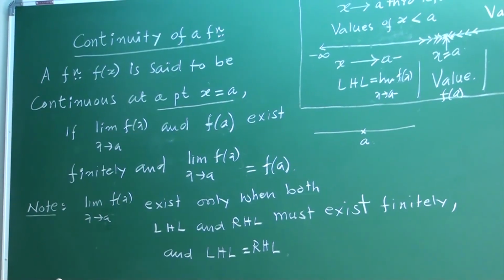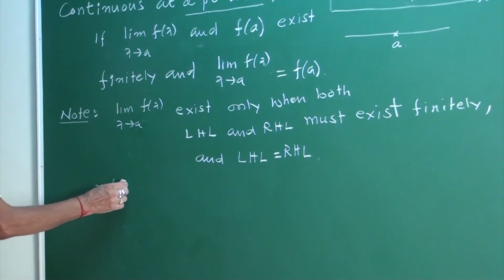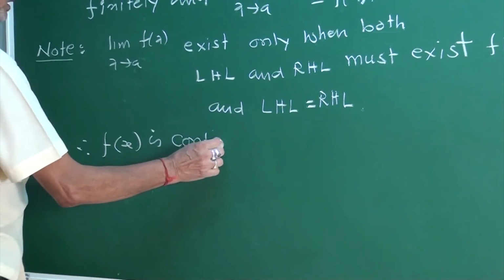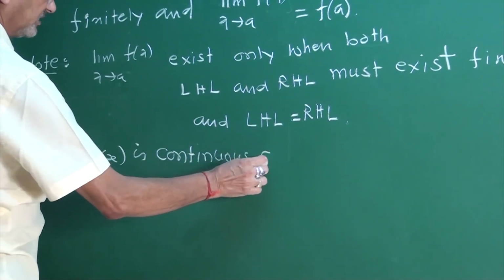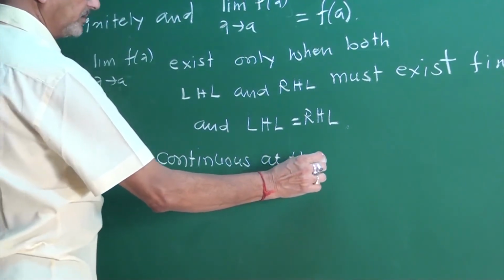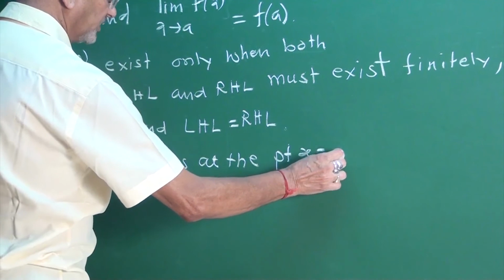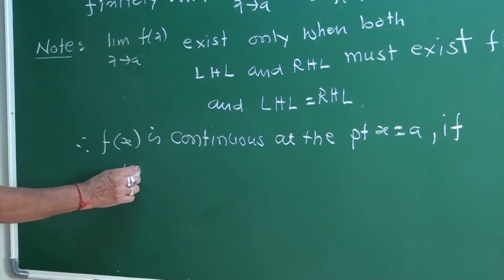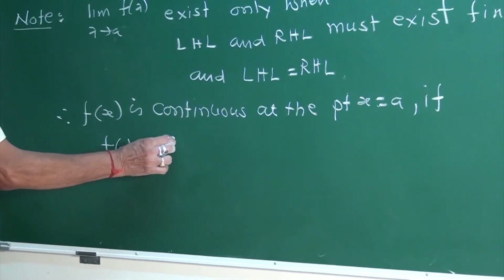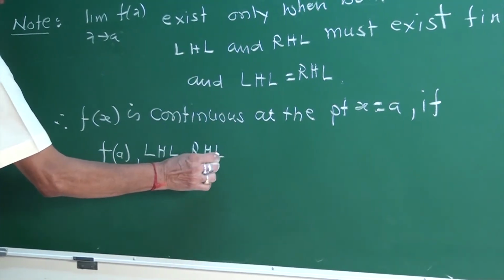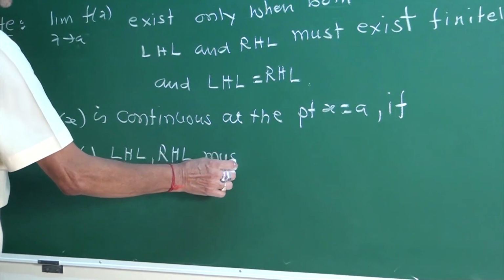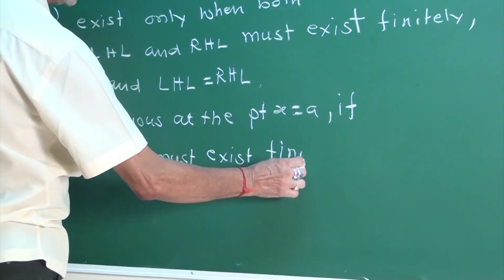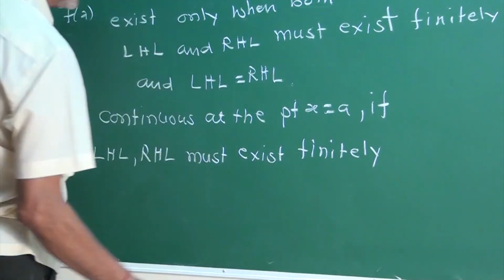From this it is clear: f(x) is said to be continuous at the point x equal to a if all the three, the value f(a), LHL, and RHL, all three must exist finitely, and they must be equal.